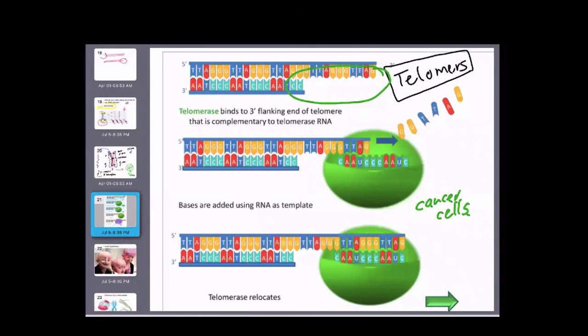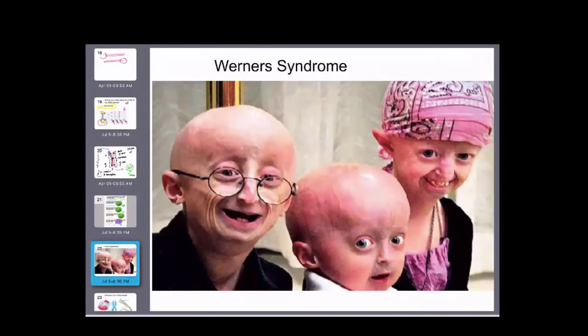And then what about people who have problems with their cell cycle and cell division? You've probably heard of these people. It's a condition known as Werner syndrome. In Werner syndrome, these individuals age incredibly rapidly. So these children that you're looking at look like old men or an old lady.